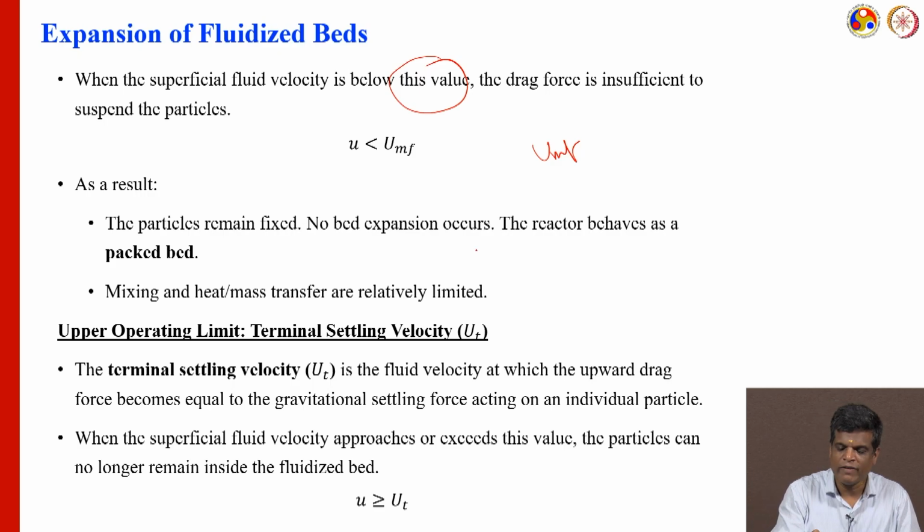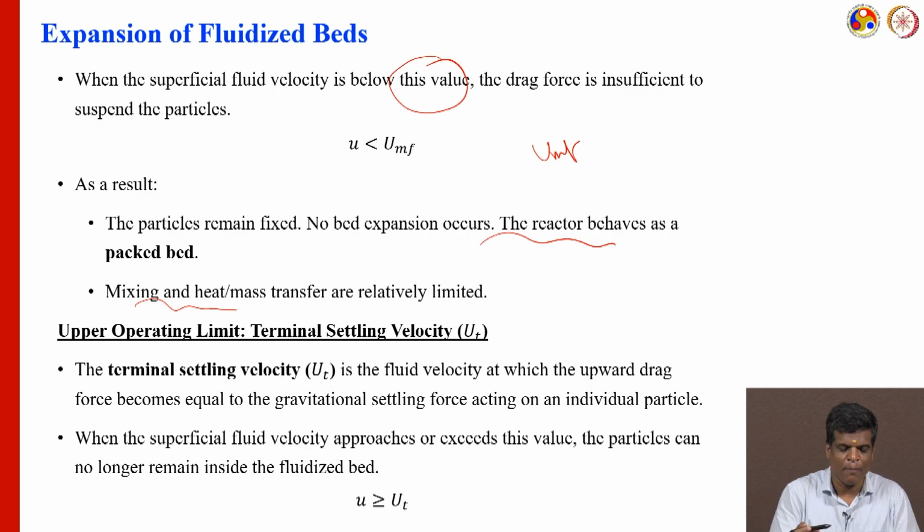The reactor behaves as a packed bed, not a fluidized bed. It behaves as a fixed bed because the particles are fixed here. Then, of course, in a fixed bed the mixing, heat and mass transfer are relatively limited compared to a fluidized bed.